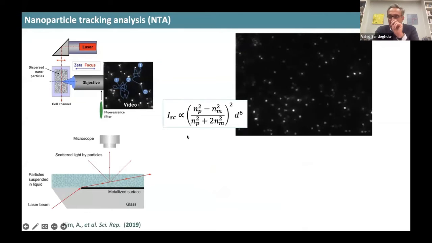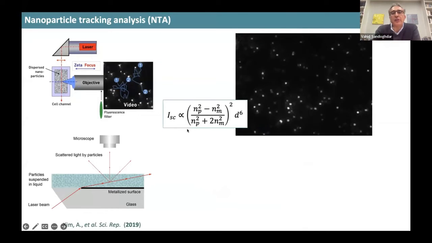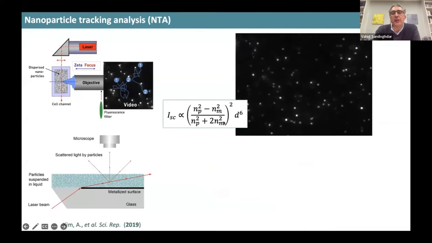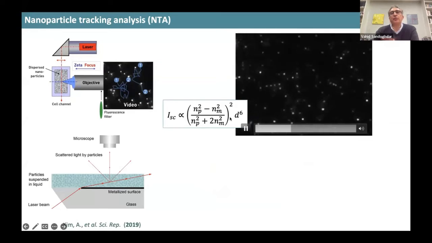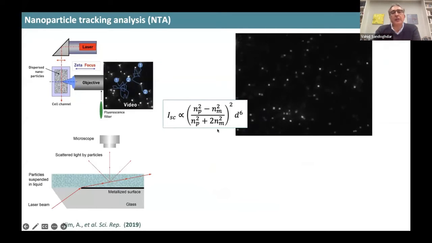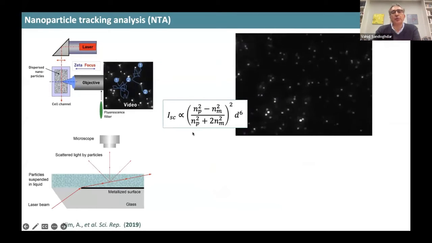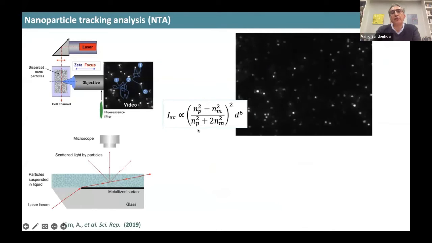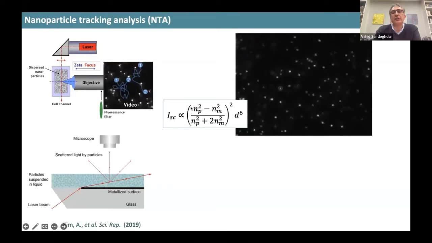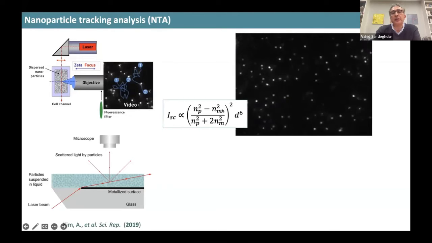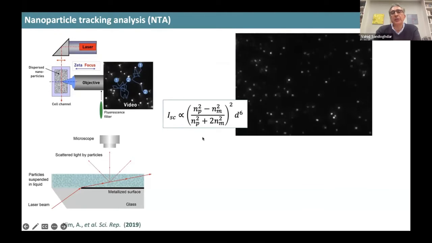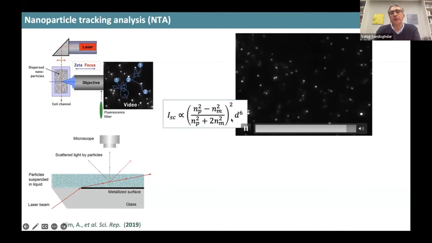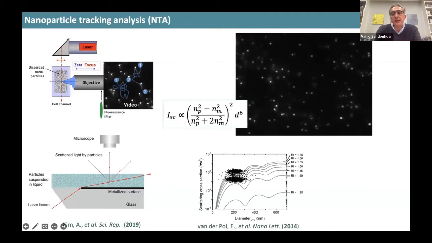Now, the intensity that you record is proportional to the 6th power of the particle size. I'm not going through the details of why this is, but this is what you want to remember. And this signal also depends on the index of refraction of the particle and the index of refraction of the medium. But in the formula that I just showed you, one only worries about this size d.